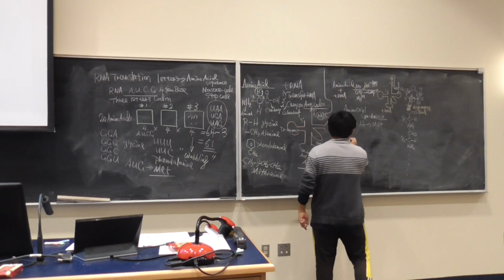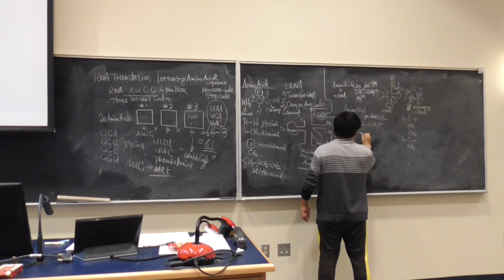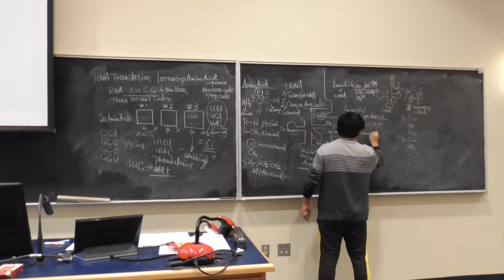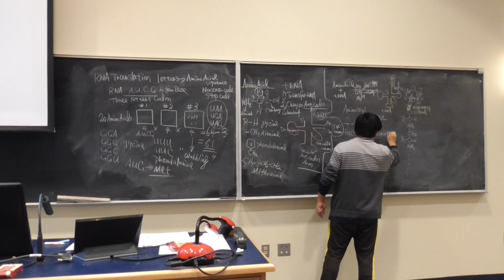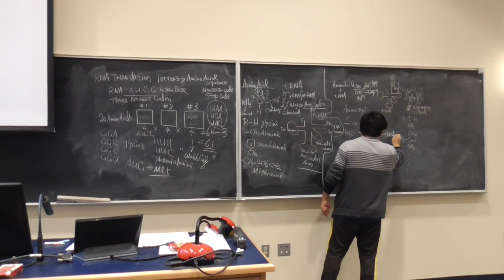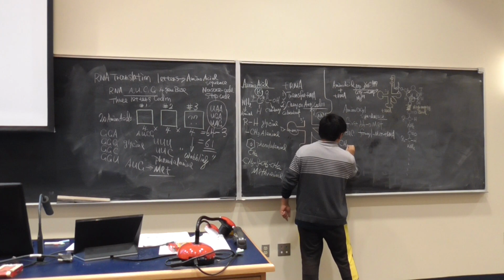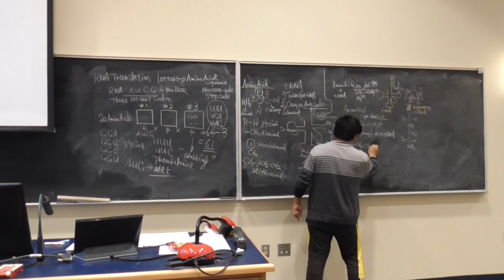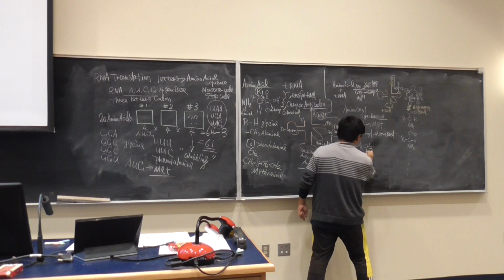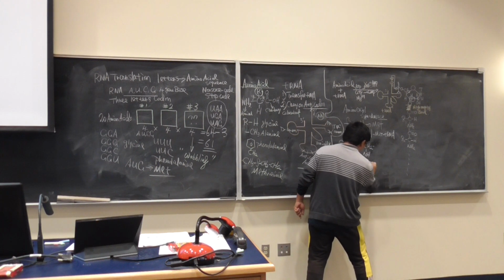If it's a bacteria, it's formyl-MET tRNA. What does it look like? Methionine is very simple.